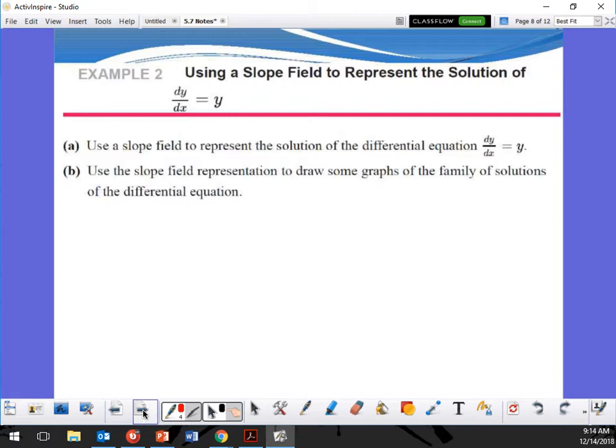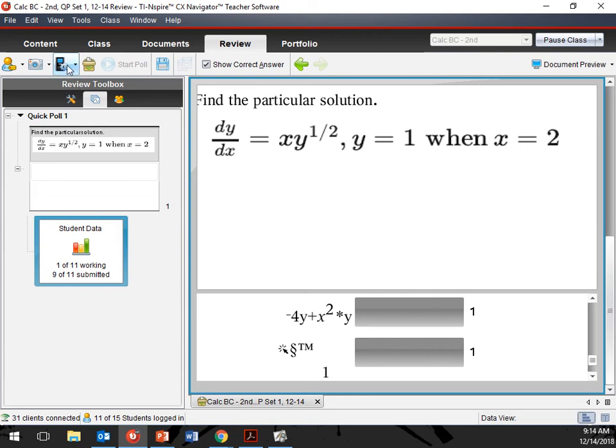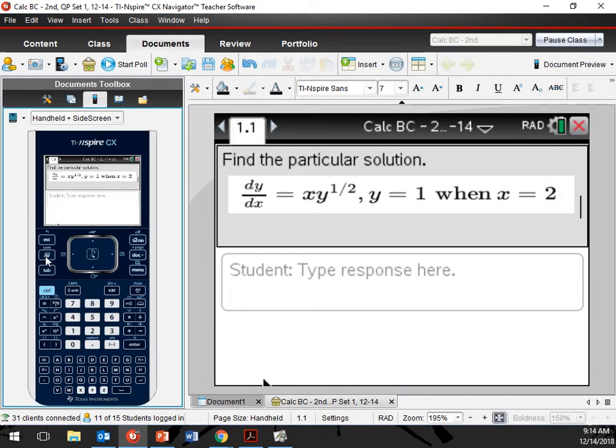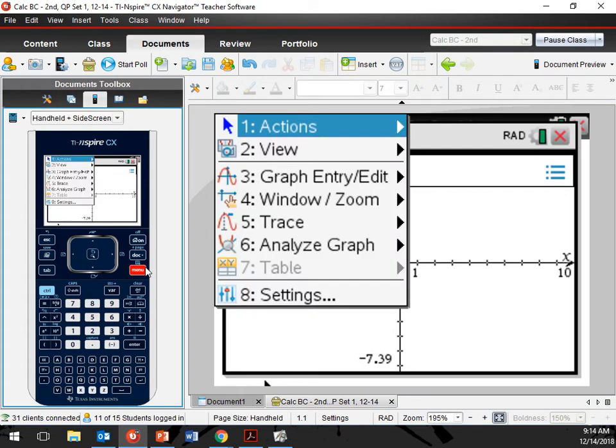Okay, so now I have to try and remember this one on the calculator. The calculator is actually funny on this one. I'm going to go here, then menu.